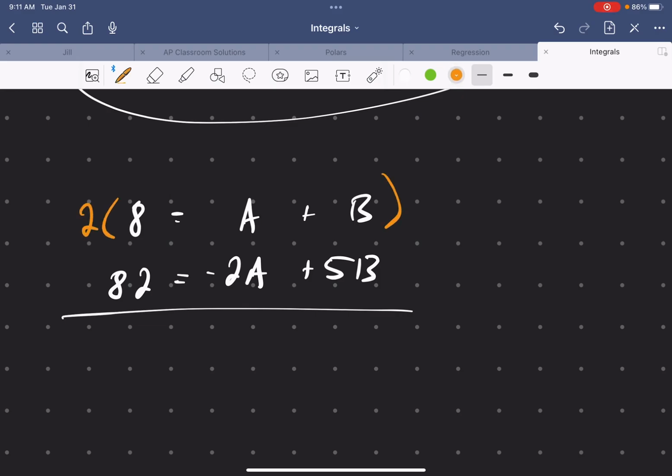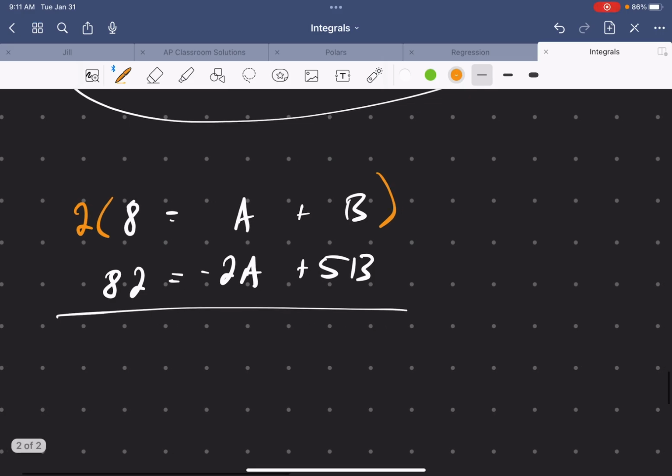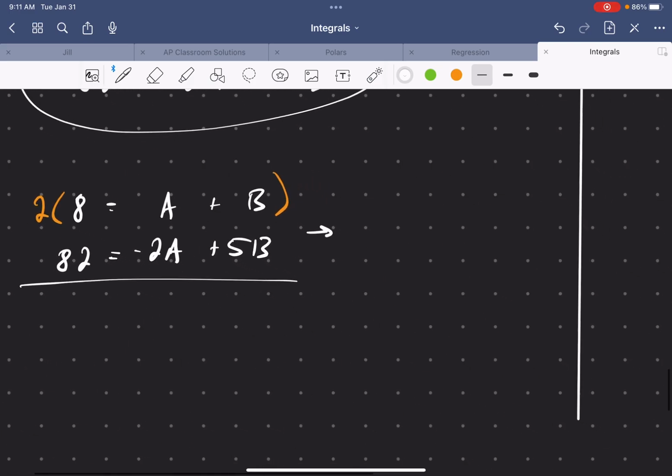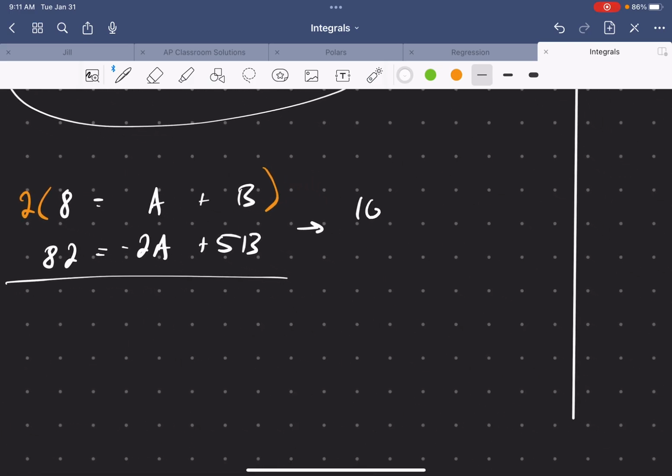I can do that by multiplying the top equation by 2. That means I'll now have 2 times 8, which is 16, is equal to 2A + 2B. And then in the bottom, I have 82 is equal to -2A + 5B.